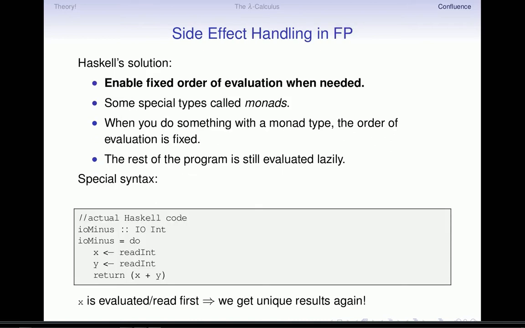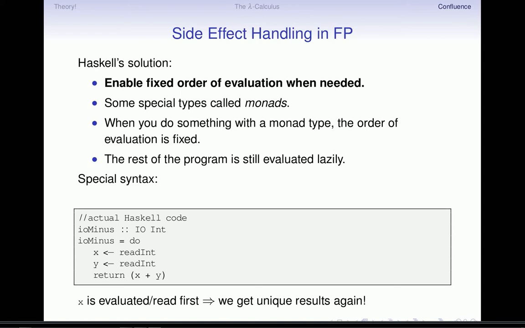There is actually a solution in Haskell, not surprisingly, and that is that you can enable a fixed order of evaluation when needed. There are some special types in Haskell called monads, and whenever you do something with a monad type, the order of evaluation is fixed.